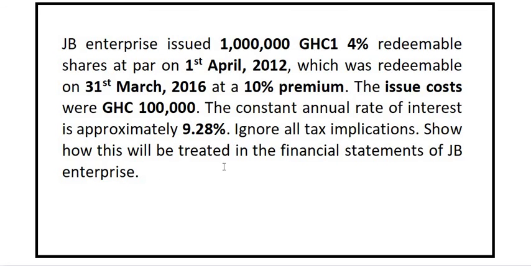We are to show how this will be treated in the financial statement of JB Enterprise. In financial reporting, when we are to show how, we don't do so only by writing but with figures. So you can make some narration from what I've said so far, then make some calculations as well. Let's quickly go to the sheet and work it out.